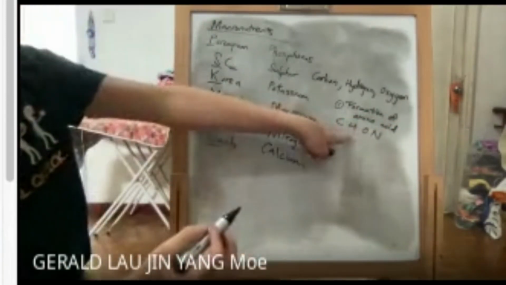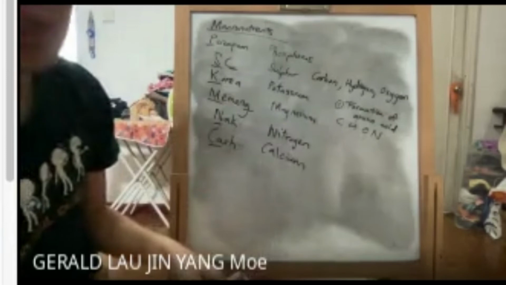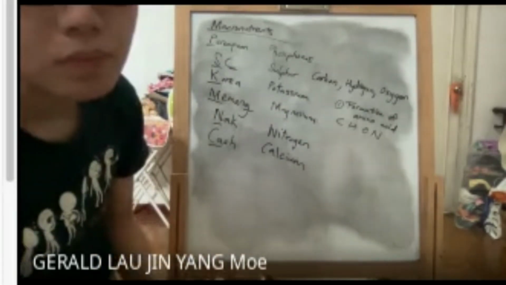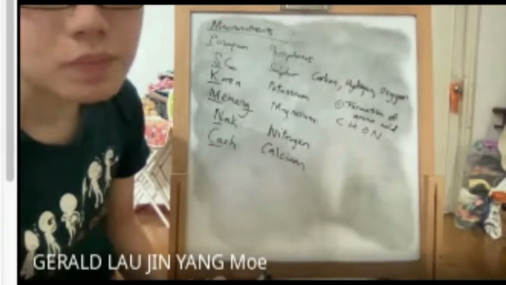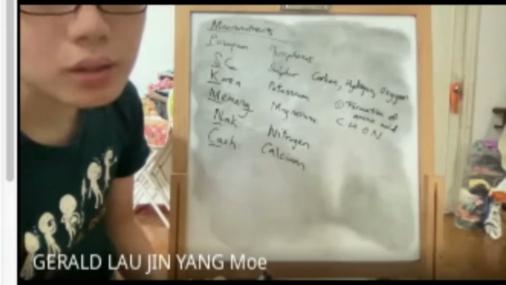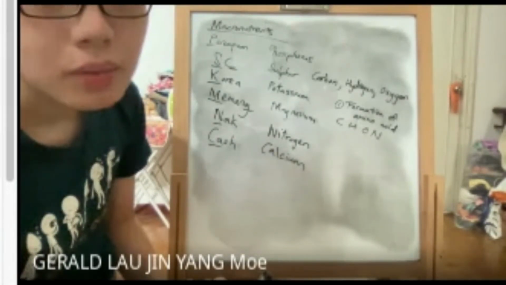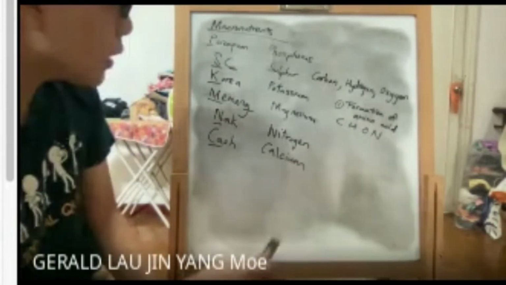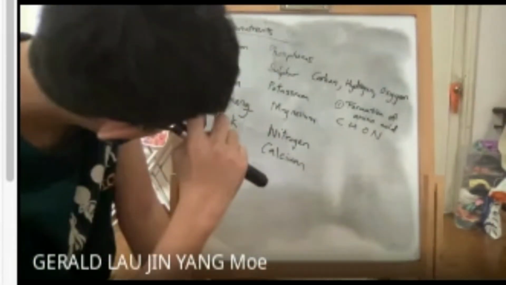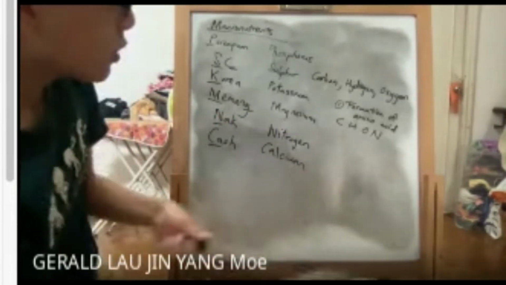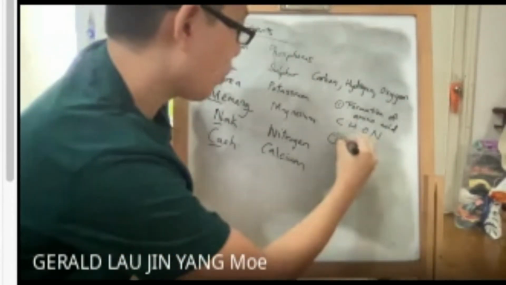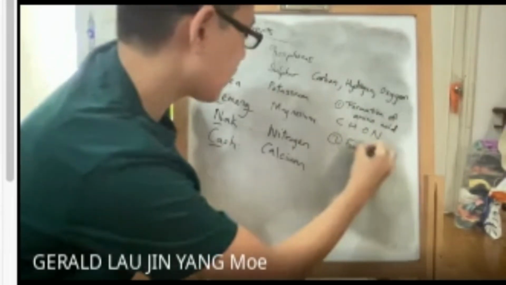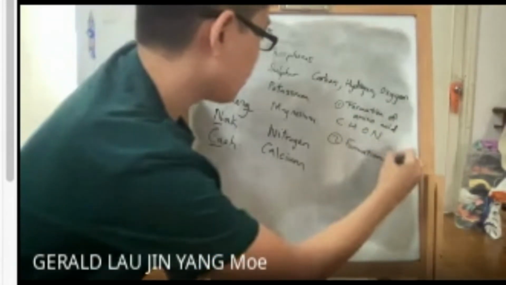So all these elements, you know already, formation of amino acid. One more thing I forget already. Okay, your second function is formation of chlorophyll.